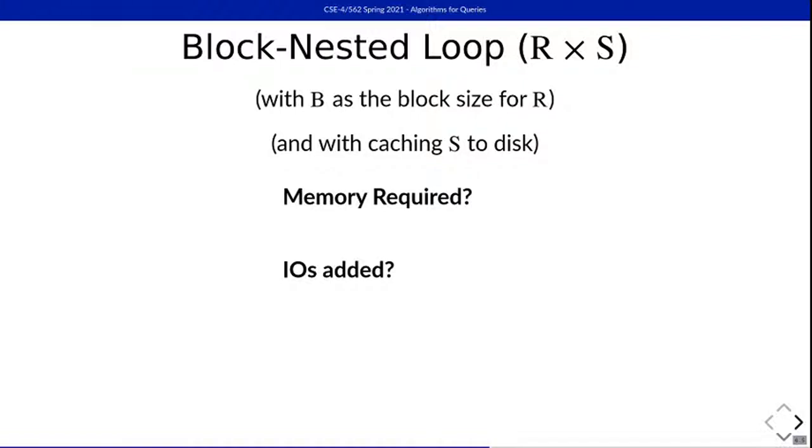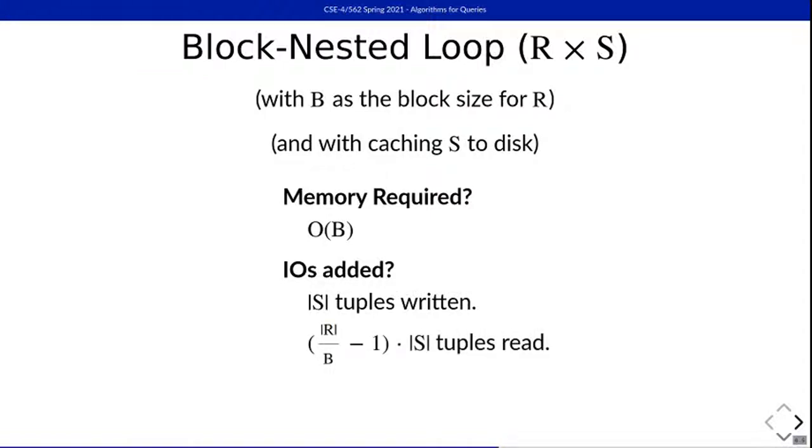If we pick a particular block size, and assume that we're going to cache S to disk, we're adding a little bit of memory overhead because now we have to store that chunk of R and that chunk of S. This still involves a bunch of I/O: for the first block we read in S once and pay that cost, but then we still have to write everything out, and for every subsequent block we have to read everything back in.